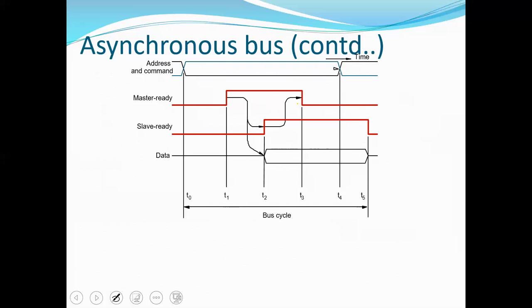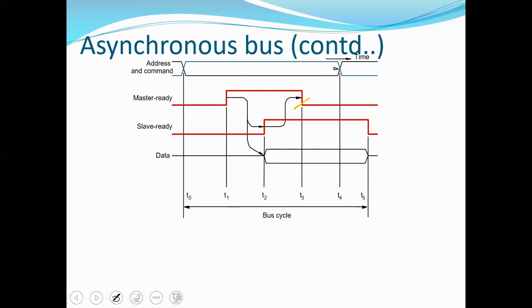Why is the master ready signal down? Because it knows that the slave is already set, the system has already decided which is the slave device, and the slave is already in its operation.